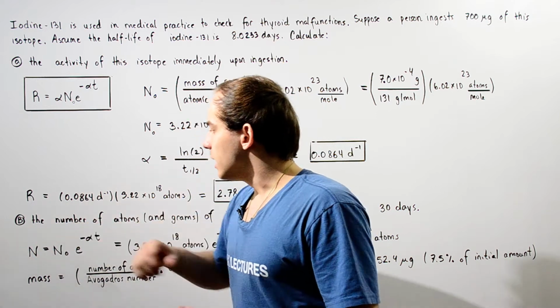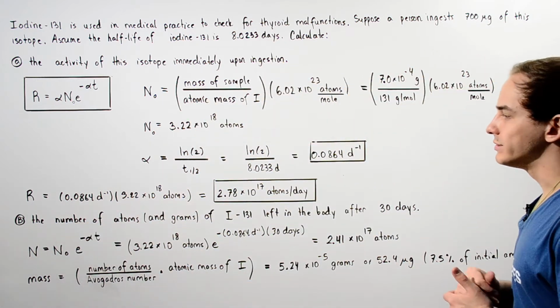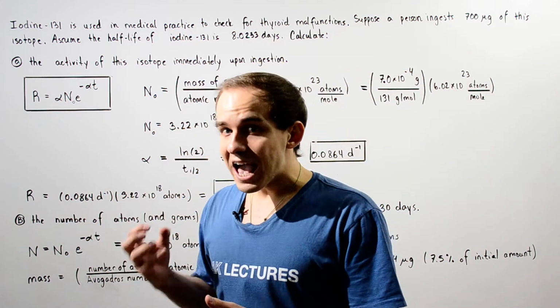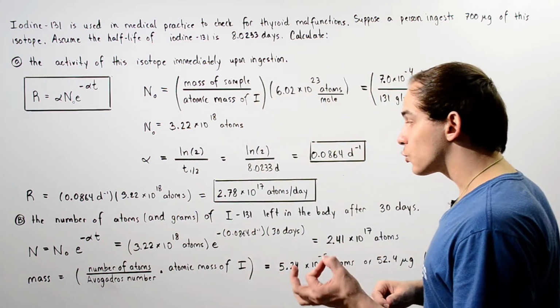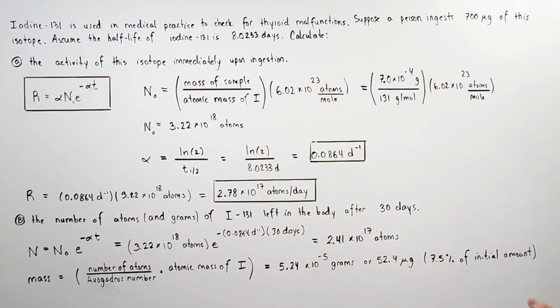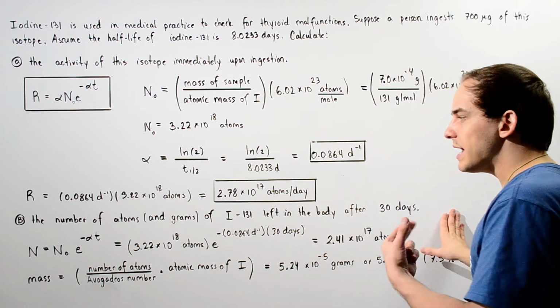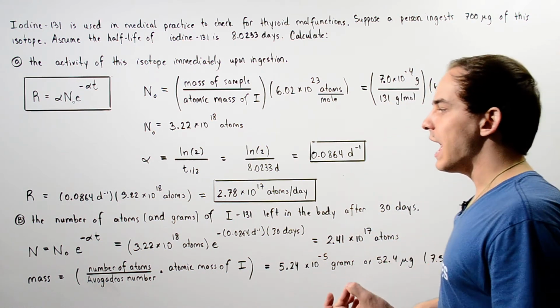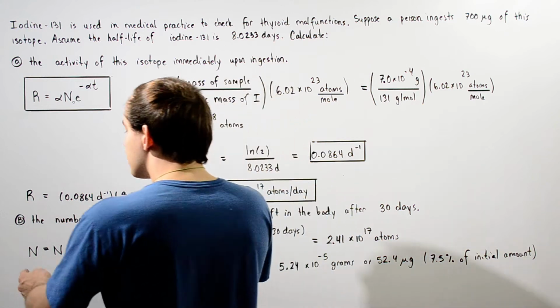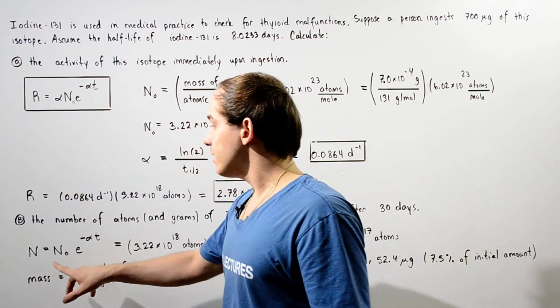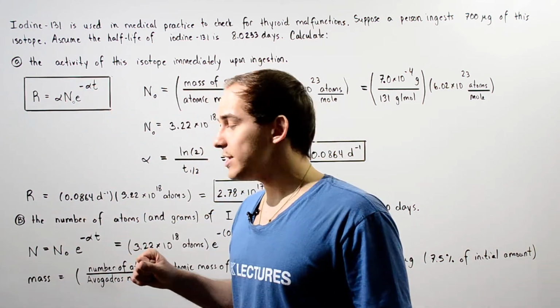Now, let's move on to Part B. We want to calculate the number of atoms and the amount in grams of iodine-131 that remain in the body after 30 days. To calculate the number of atoms, we have to use the radioactive decay law given by this equation.